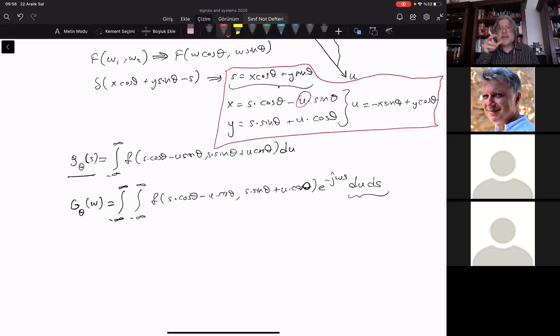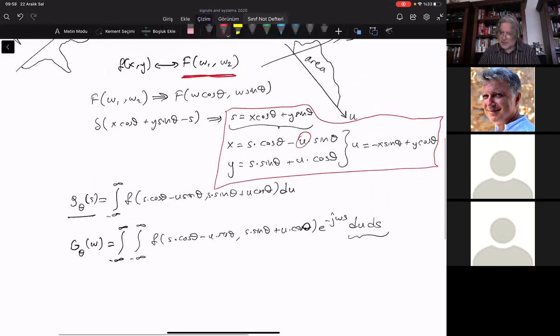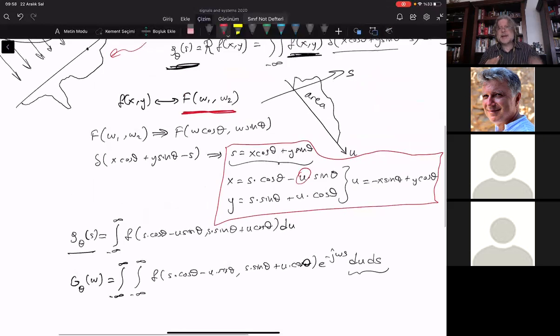But as we can see, u and s are actually just a rotated framework with respect to x and y. Look at the u and s, they are orthogonal to one another, and it actually corresponds to a rotated version of x and y. Therefore, dx times dy magnitude and du times ds magnitude are the same.